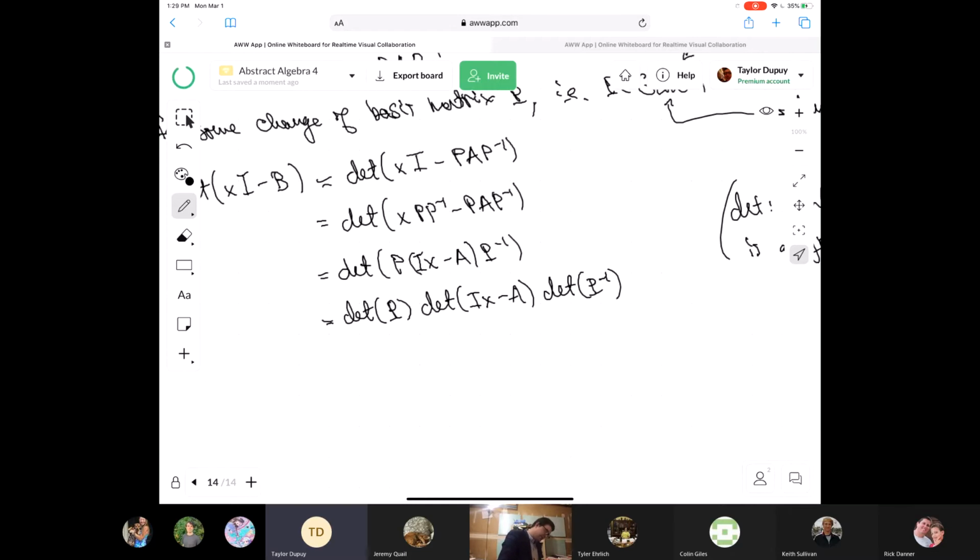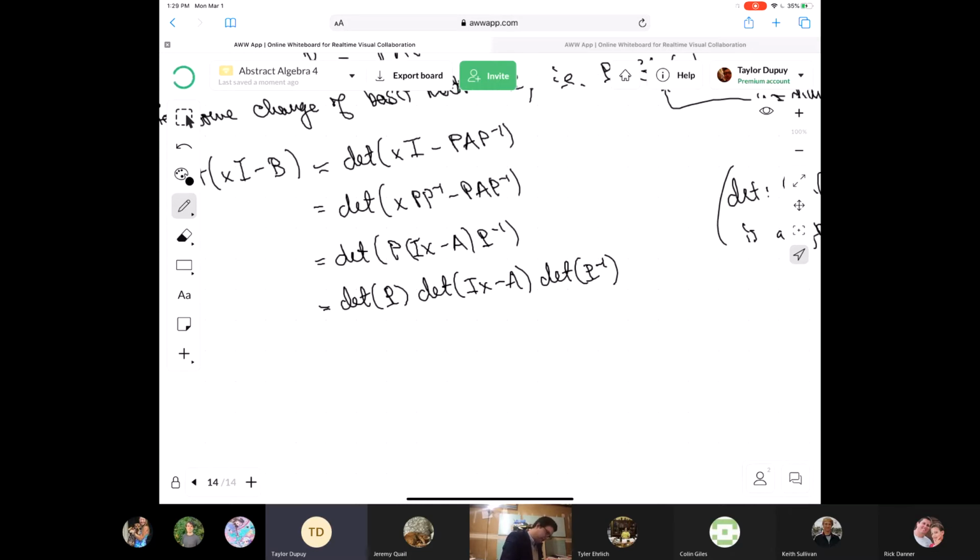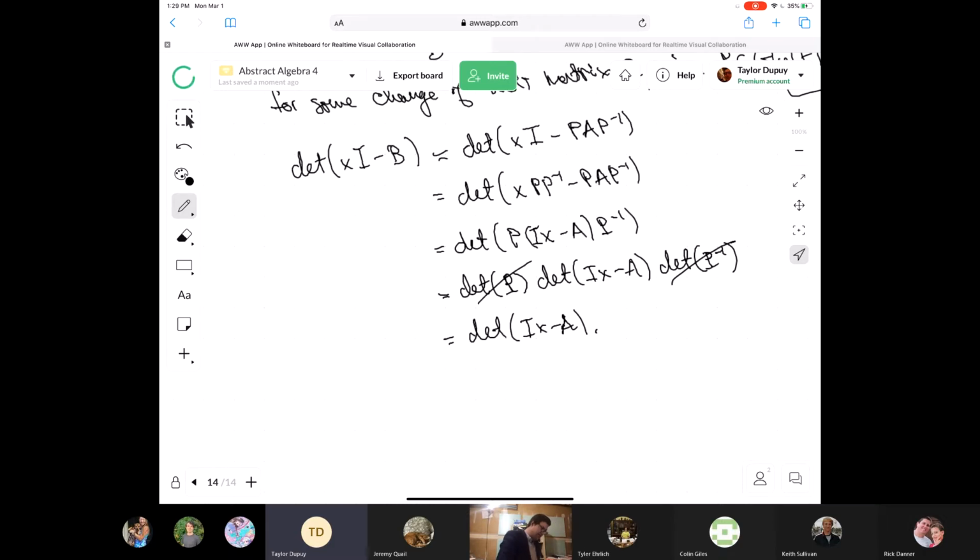So these two things cancel, and you just get the determinant of xI minus A. So these two things are the same.